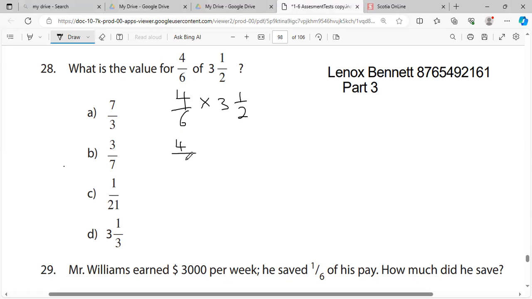Alright, so we're going to convert from mixed to improper. So we multiply by 3 and add the 1. So 3 times 2 is 6, plus 1, 7/2. And of course, when we're multiplying, we multiply numerator by numerator. So 4 times 7, that's 28, and 6 times 2, 12.